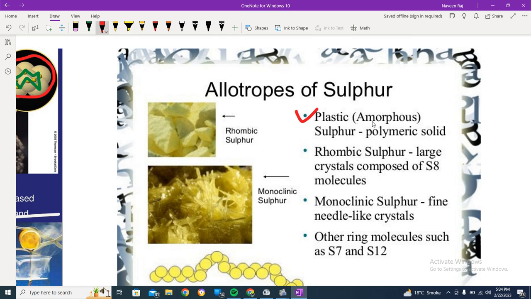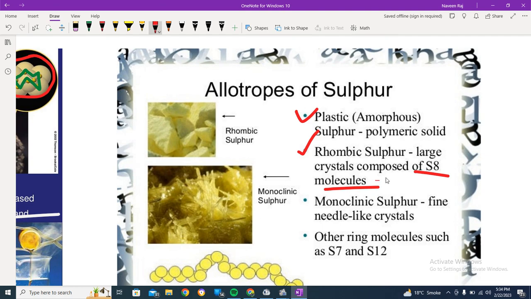And sulfur, okay, rhombic sulfur. This is a very common type of sulfur. The rhombic sulfur is also called the alpha sulfur, and it has large crystals of S8 molecules, and this is bright yellow, and it is present below 98 degrees Celsius. This is a very important point I'm telling about this rhombic sulfur.